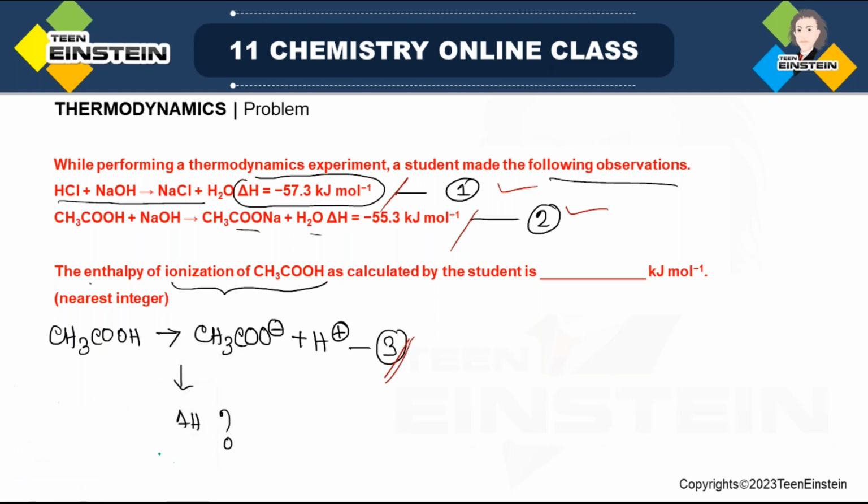How will we arrange? Basically, we do this subtraction, equation 2 minus equation 1. So let's see what we get if we do so.